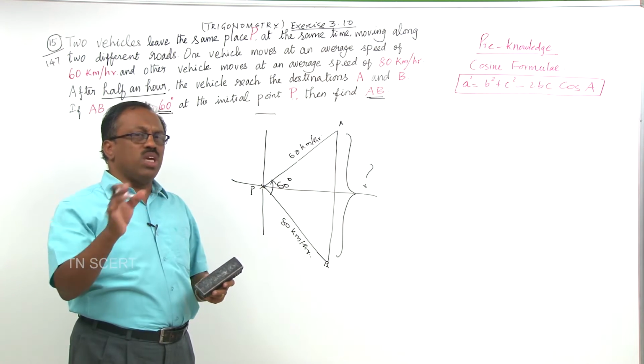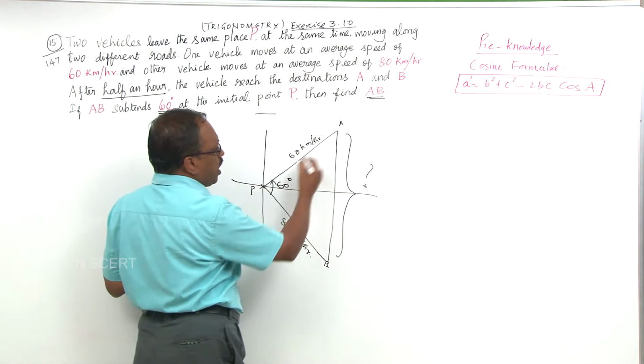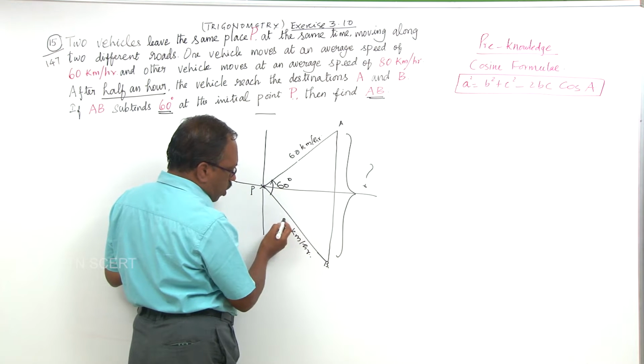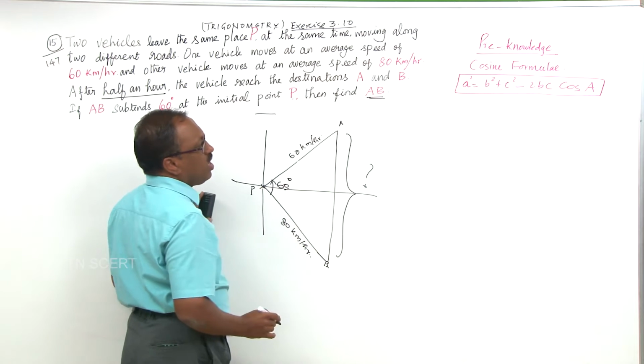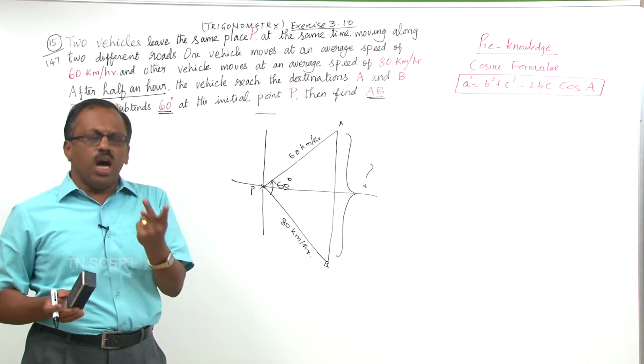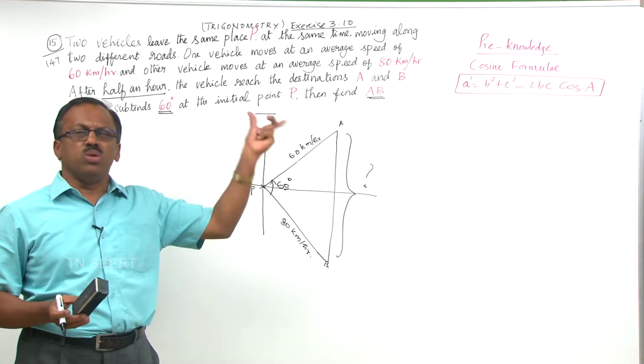How are we applying the cosine formula here? The distances are PA and PB, and the angle is also given. In the cosine formula, when there are two sides and an angle, we can very well calculate the unknown side.